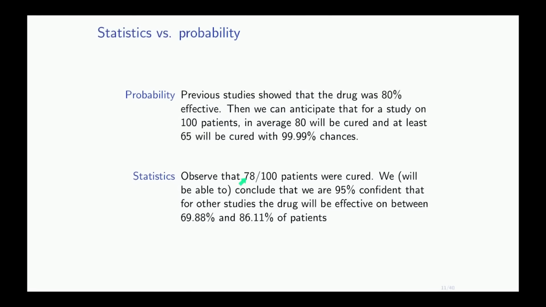So when I start with 78 over 100, my best guess is that I have to add the extra error that I may be making by predicting that the drug is not 80% effective, but 78% effective. And I need some error bars around this that will hopefully contain 80%. Then based on those error bars, I'm going to make slightly less precise predictions for the future.